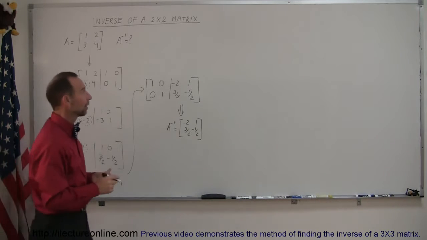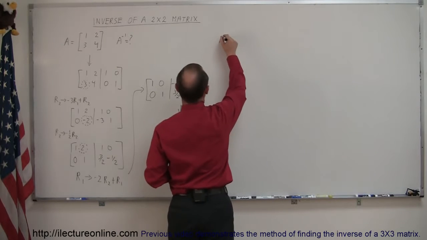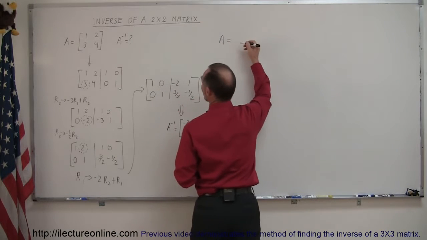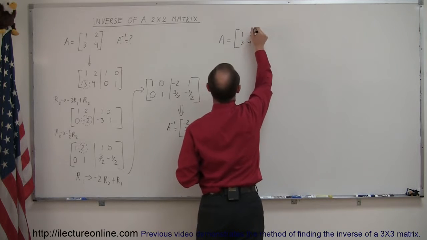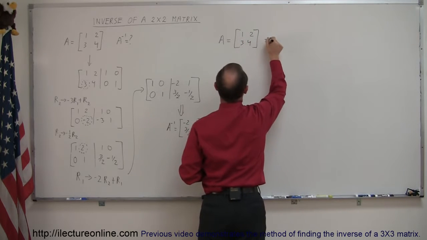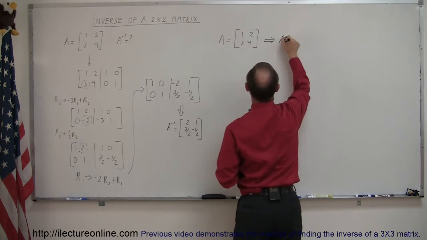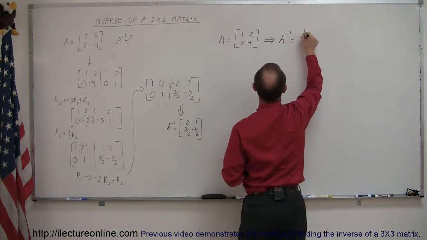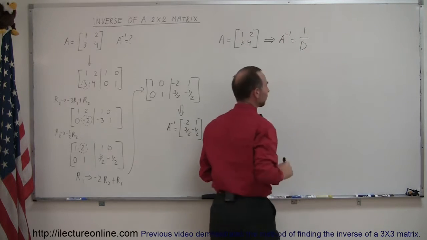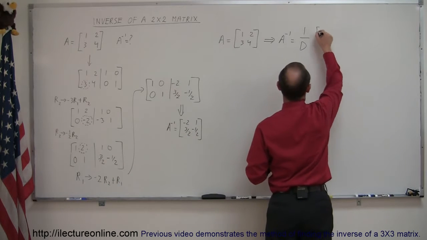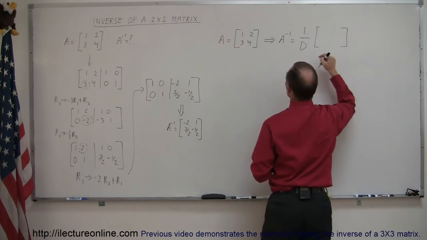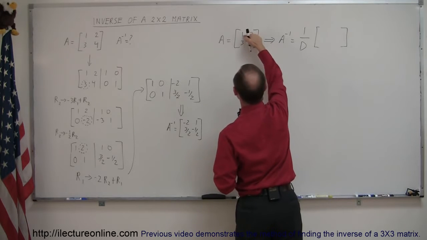So let's use that. So if the original matrix, and let's rewrite it here, if A is equal to 1, 2, 3, 4, then the inverse of the matrix is equal to 1 over the determinant of the matrix, and I'll show in just a moment what that means, multiplied times these two elements change.